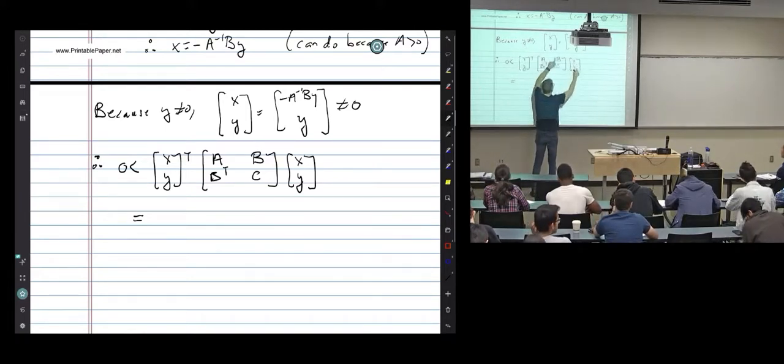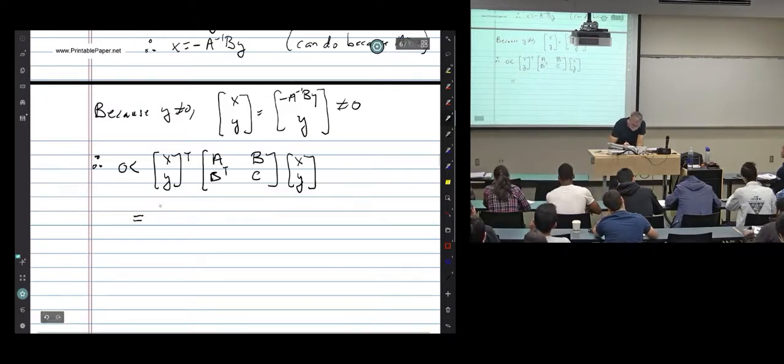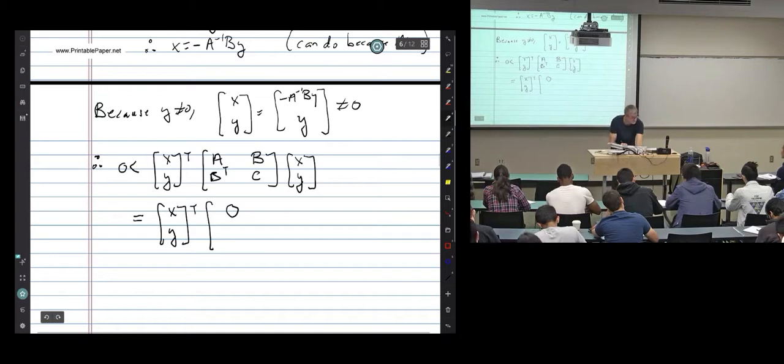So ax plus by, I get 0 here. So this is x, y transpose. I'm just going to figure that out. I get 0, and then I get b transpose x plus c times y.